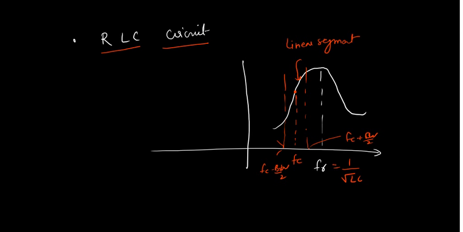If these two points are Fc plus BW by 2 and Fc minus BW by 2, it means the linear segment is long enough to contain the whole FM band, and then we can use this device for FM demodulation. Next we will discuss the other methods of FM demodulation.